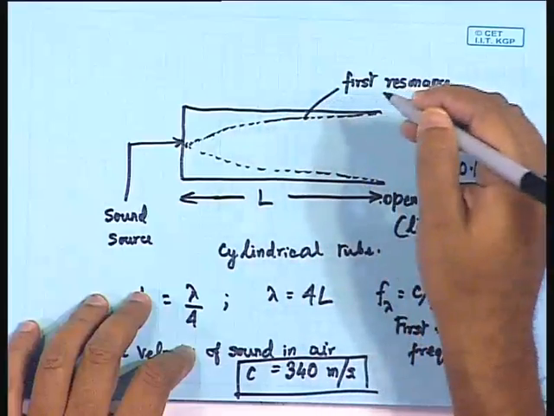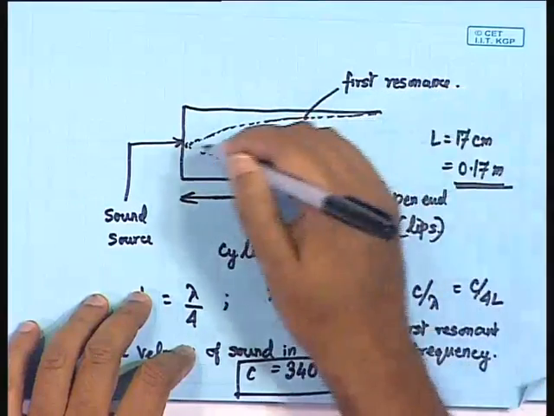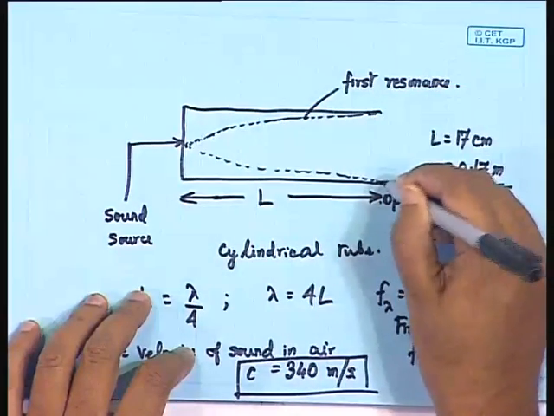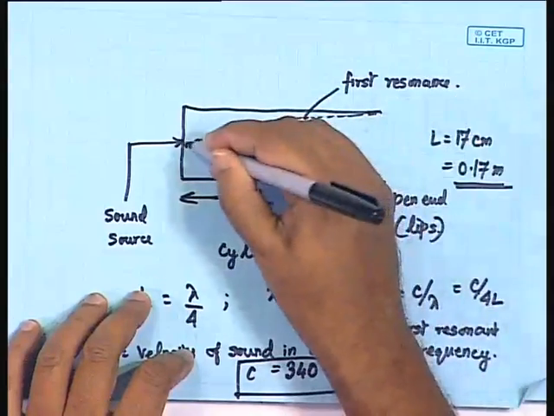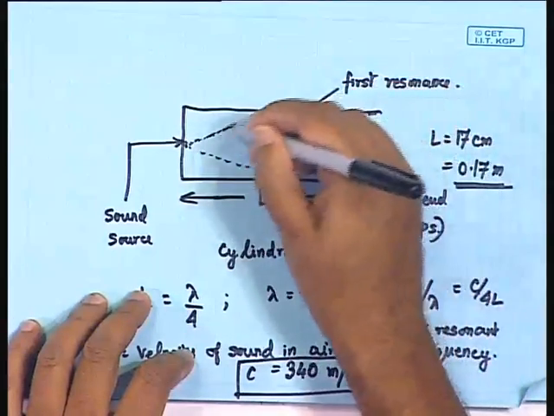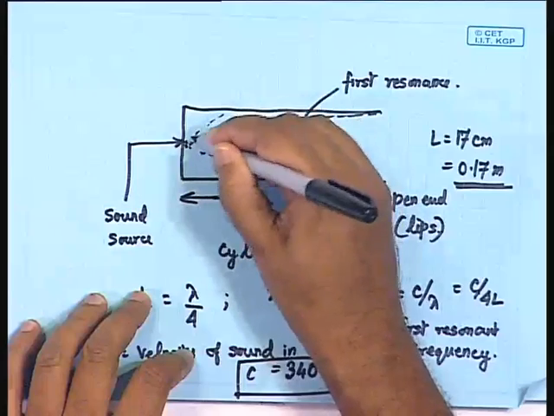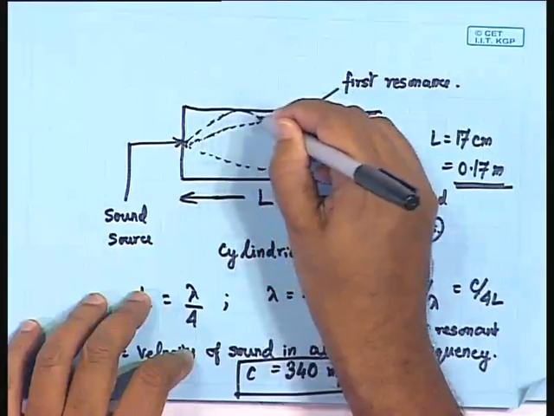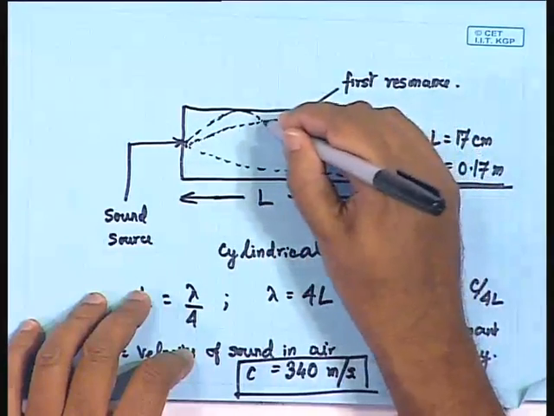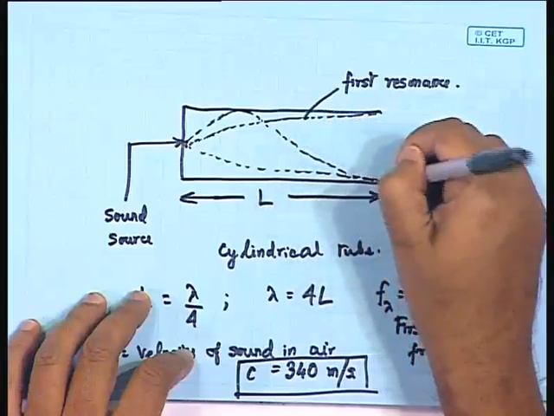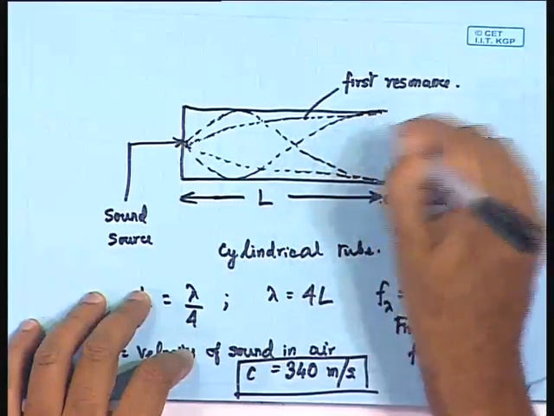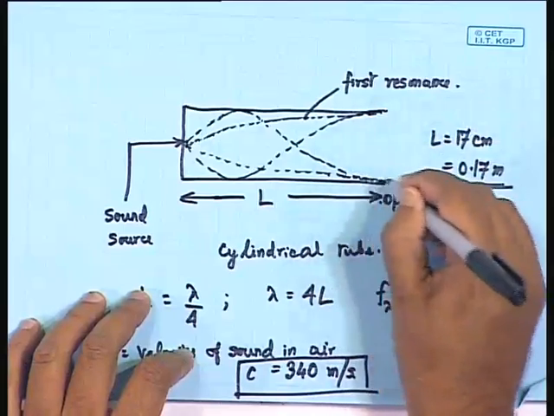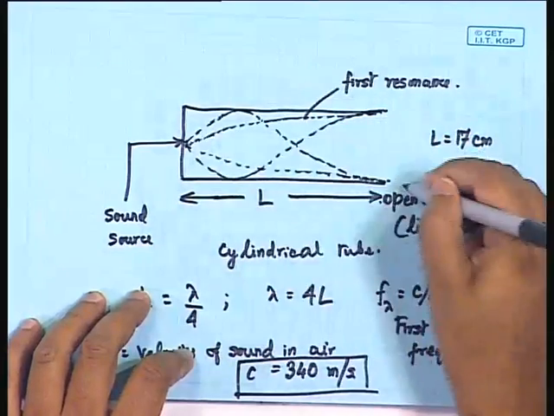This will in fact generate all the odd harmonics, because this happens to be an open end. So, this is where it is having the open end.